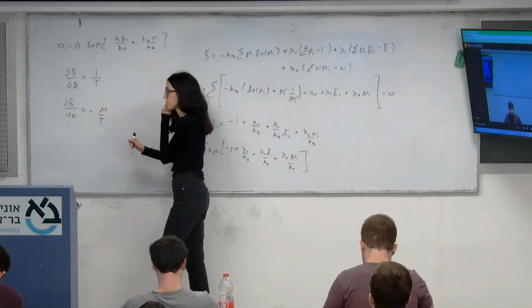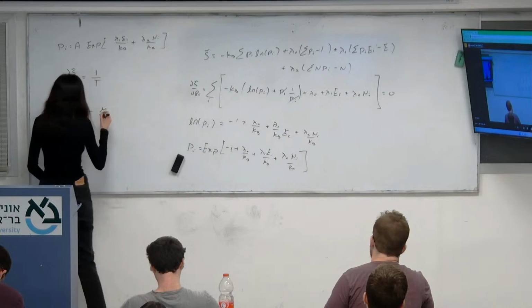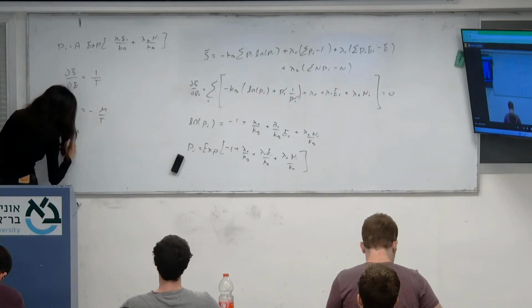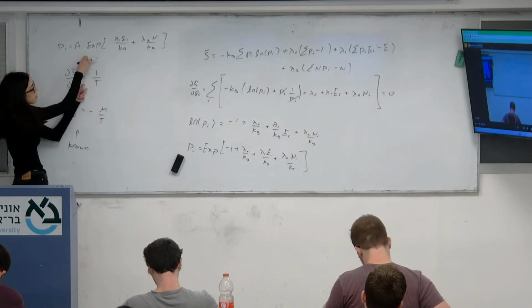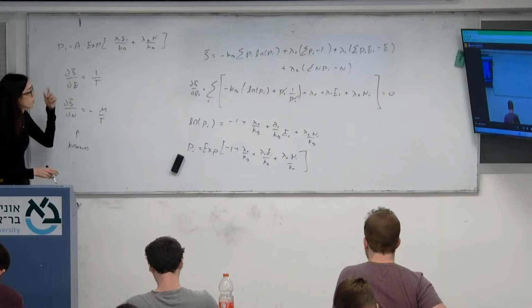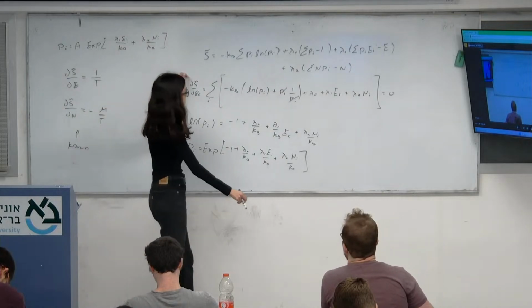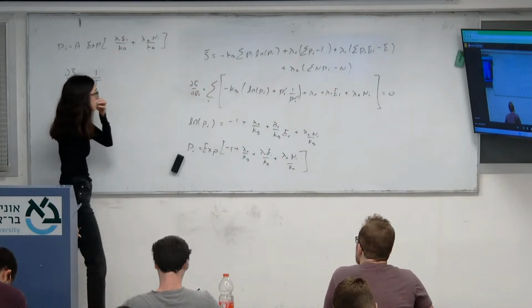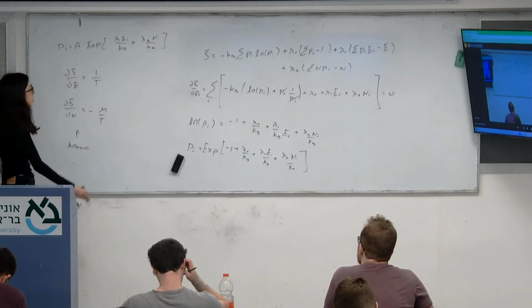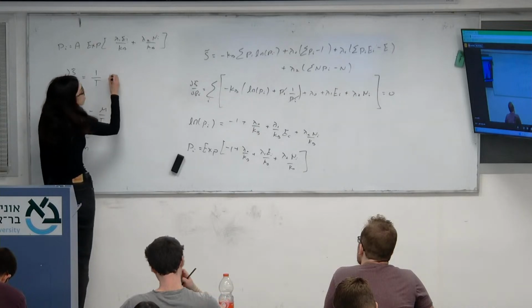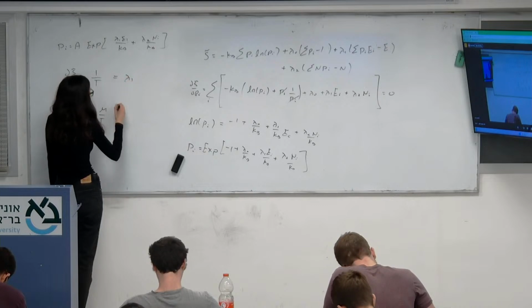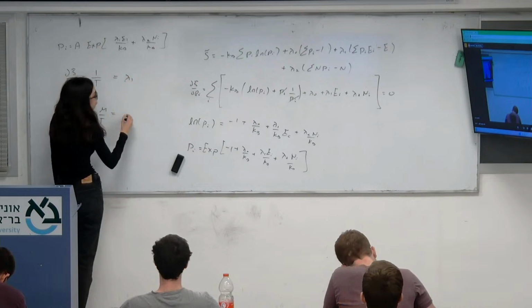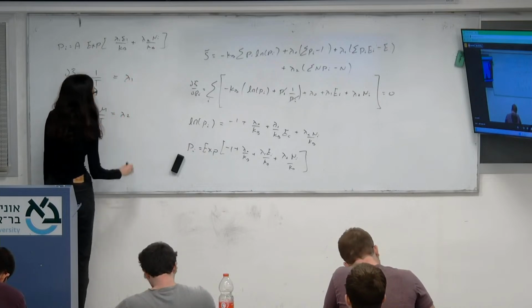So this is known. If you look at the original equation that we wrote, we can find that. This is going to give us lambda 1, and this should give us lambda 2.